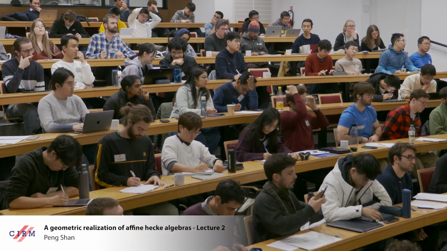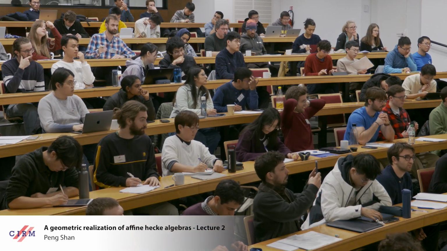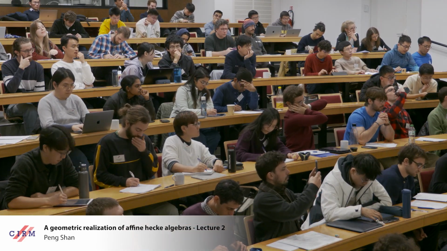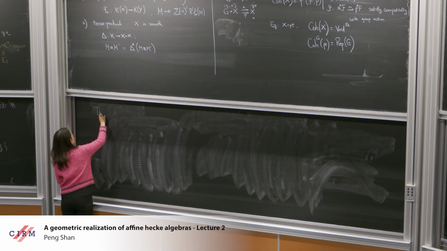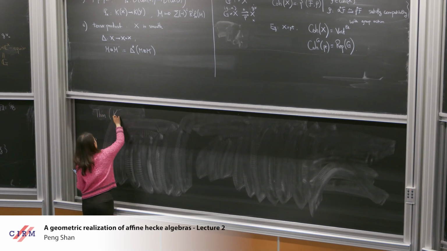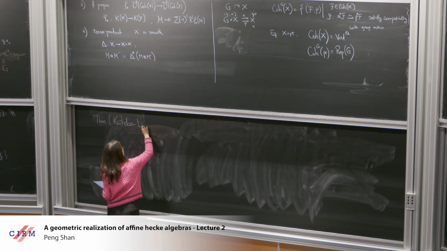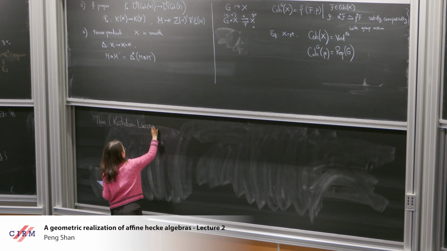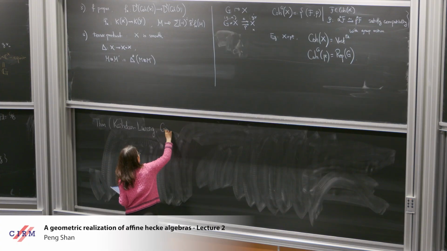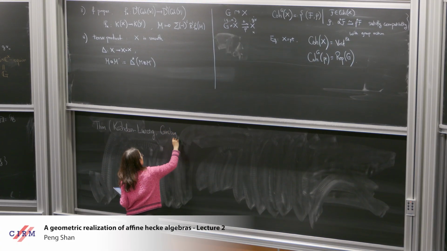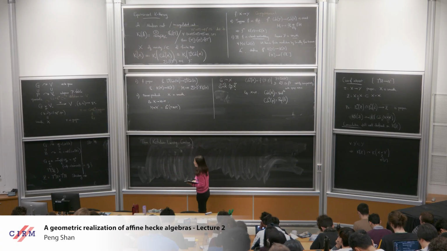Okay. So the theorem of Kazhdan-Lusztig, also partly due to Ginzburg, is that we have the following isomorphism.